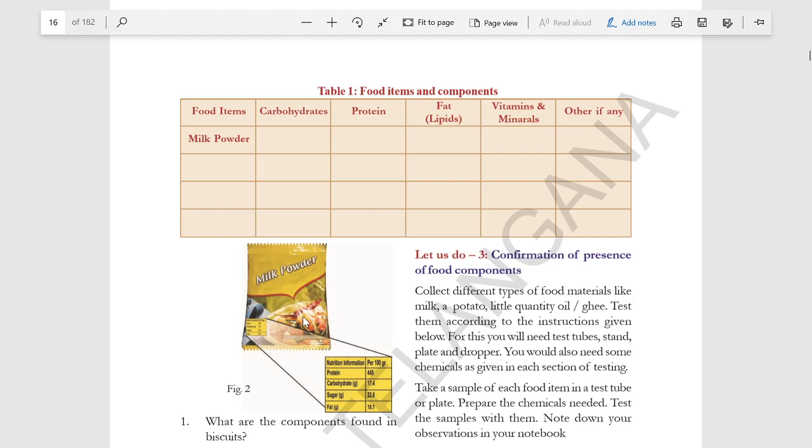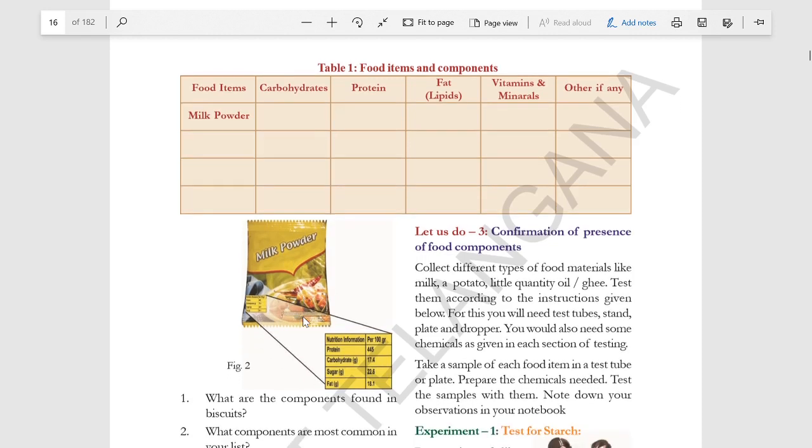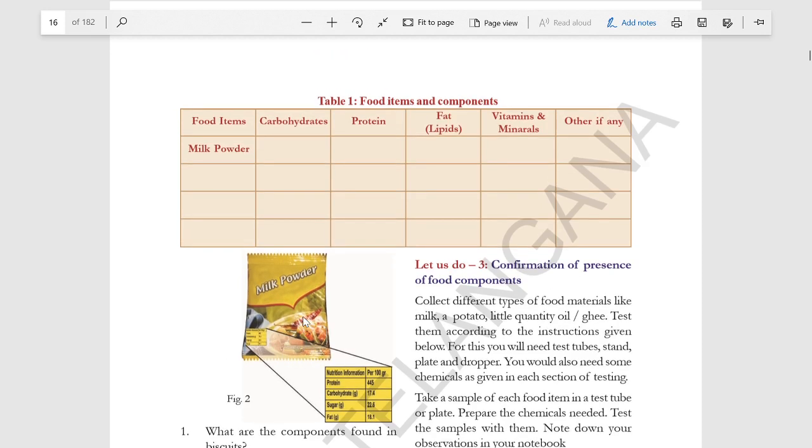Technically they are the hydrates of carbon, and structurally they are of two types, aldoses and ketoses. In biochemistry, if you go to further classes, you will use the term saccharides for carbohydrates, which are a combination or a group of sugar, starch, and cellulose.